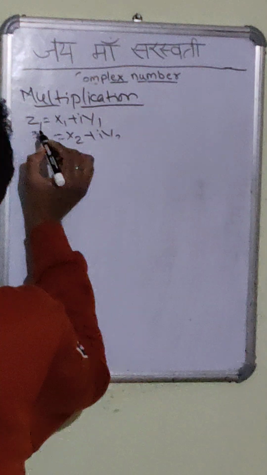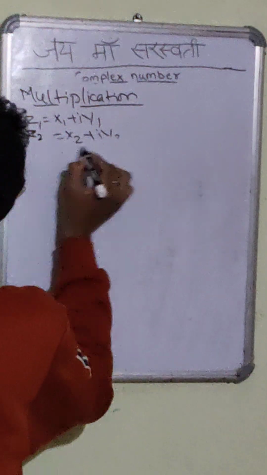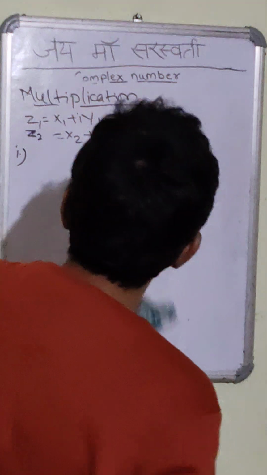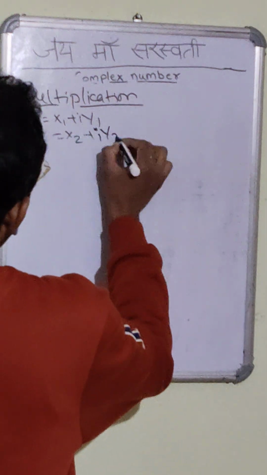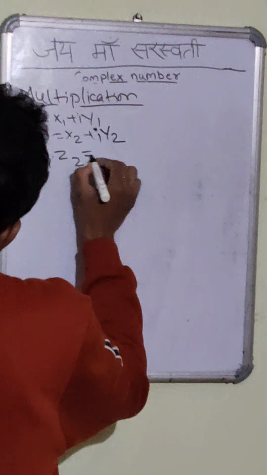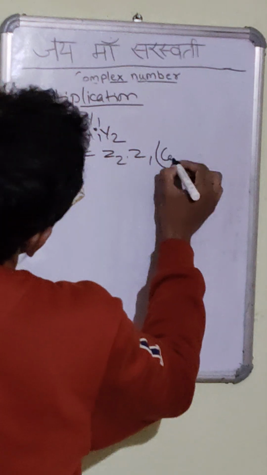Understood? Suppose this is the example. The first property is that the multiplication part is commutative in nature. So Z1 into Z2 is equal to Z2 into Z1. It is commutative in nature.